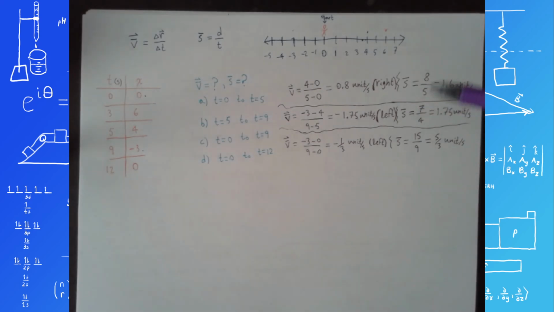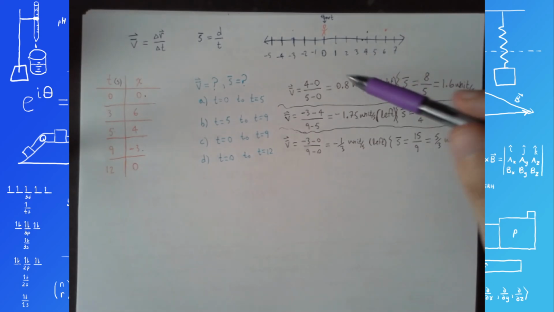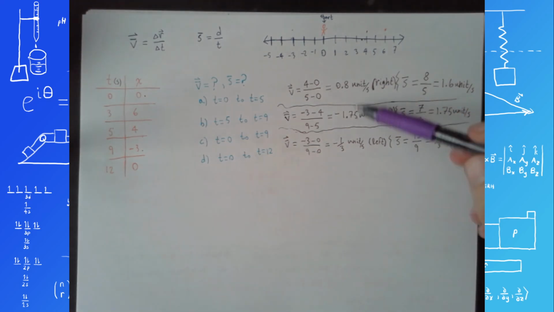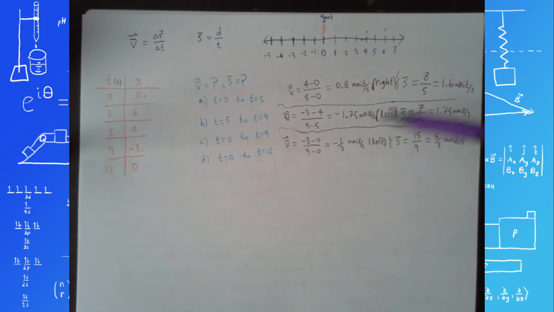So the issue with adding these two numbers and simply dividing them by 2, even if the distances were equal, is that these numbers over here, the 0.8 and the 1.75 and the 1.6 and the other 1.75, you're trying to use them to calculate a weighted average, and these two numbers for velocity contribute differently to this third number.